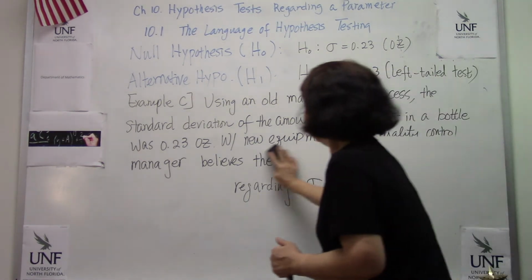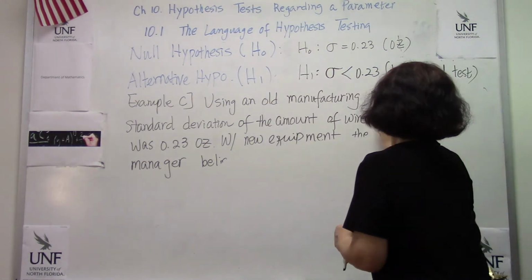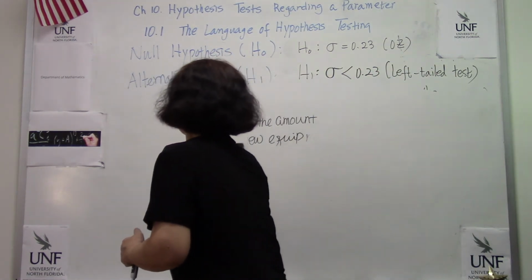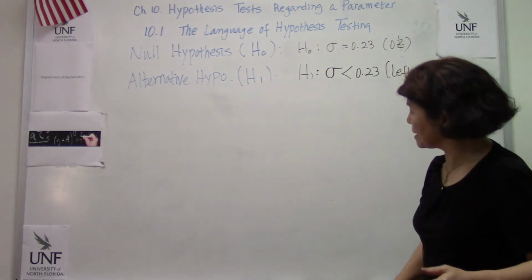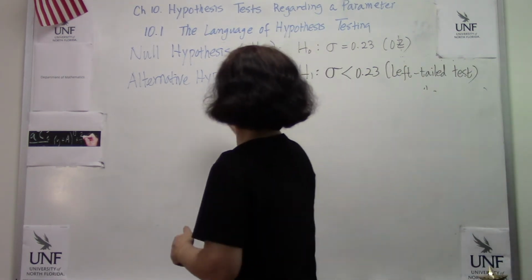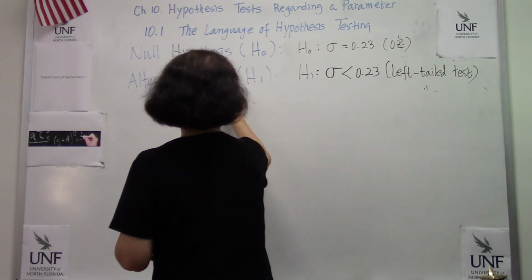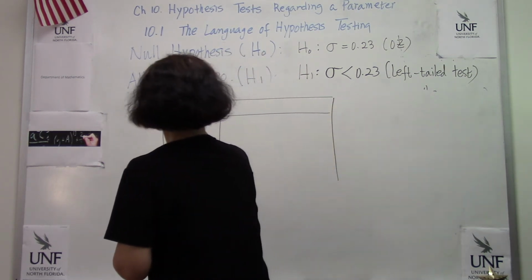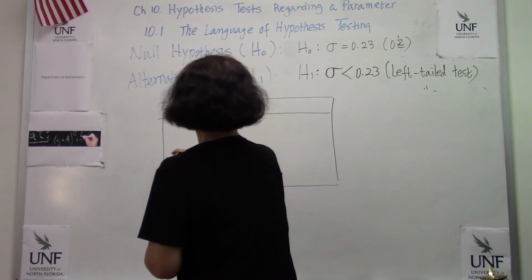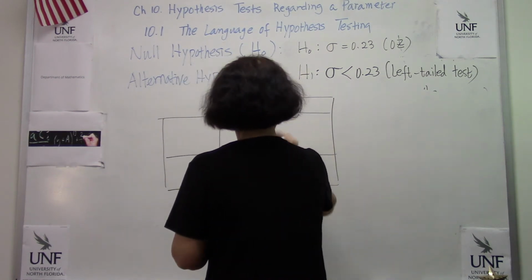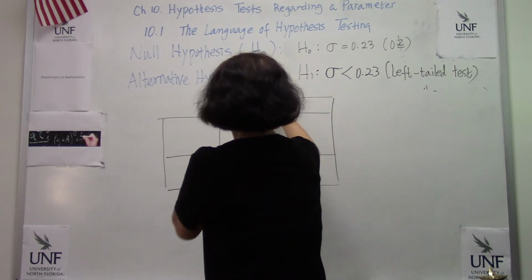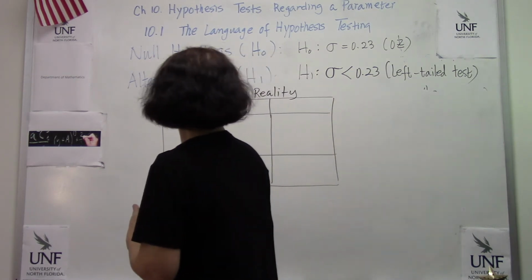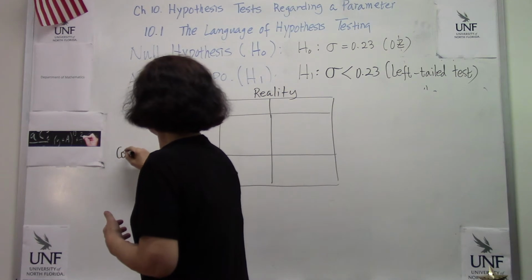And again, we are going to think about all the possibilities that we can face after this hypothesis testing. So here we go. This is reality over here, and this is our conclusion.